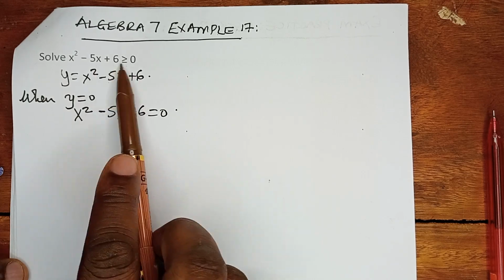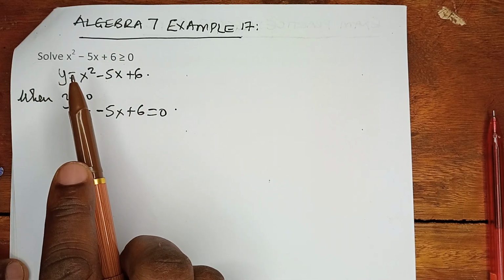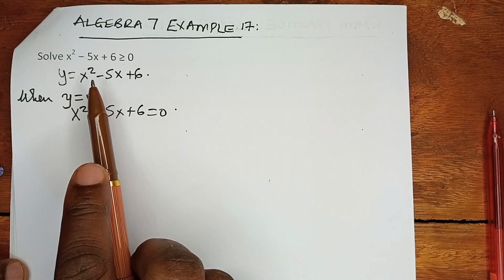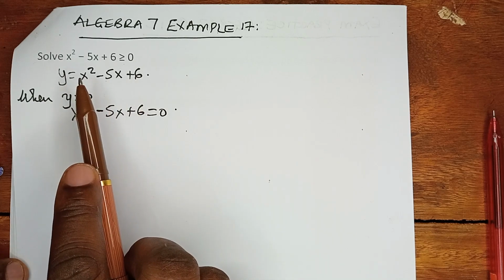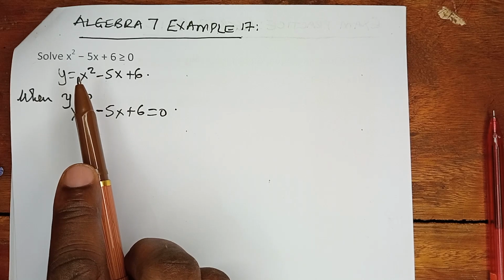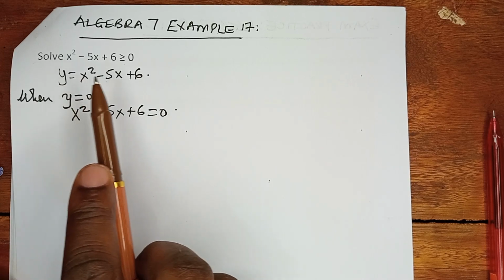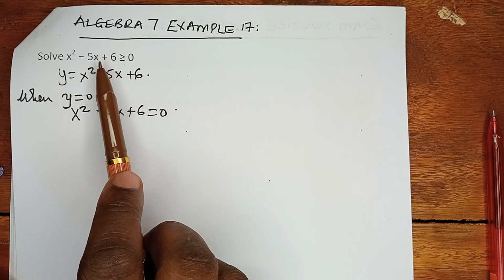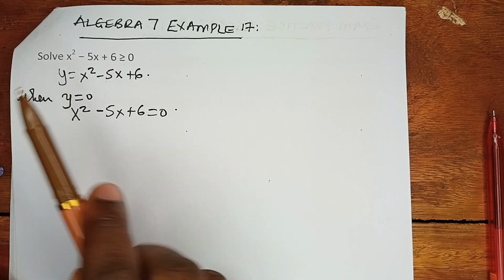And because this is a region, we need now to plot the graph of y equals x squared minus 5x plus 6, because that is where the boundary is, or all the values of y will actually agree with specific values of x.